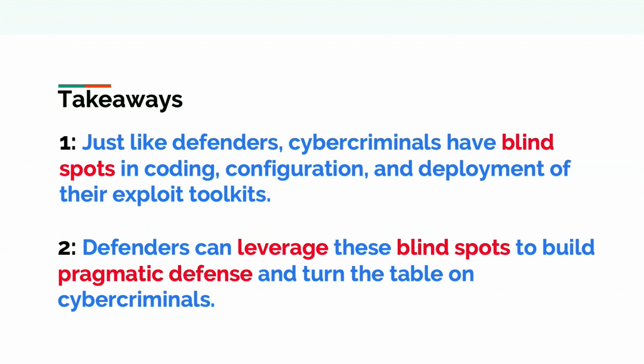The first one, just like us, the defenders, the cybercriminals have a lot of blind spots when they do coding, configuration, or deployment of exploit kits. So we can take advantage of, as defenders, we can take advantage of this exploit kit vulnerabilities and blind spots and build pragmatic defense to turn the table on the cybercriminals.